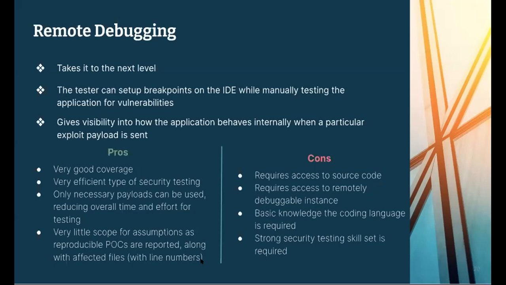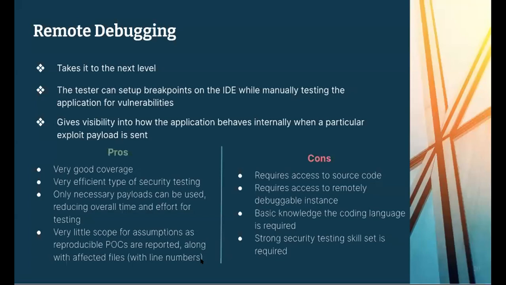There are cons to this approach as well. So access to source code is required, and access to a remotely debuggable instance. That is the most important bit for remote debugging. Without that, none of this is going to really happen. You can be given an application's source code, and you can be asked to spin up an instance yourself and test it. It is never going to be as efficient as having it hosted on a pre-prod or prod environment.